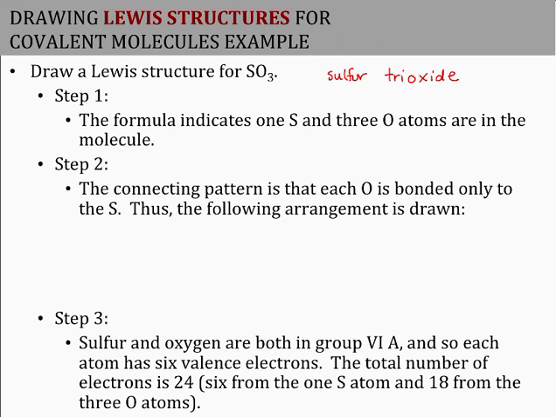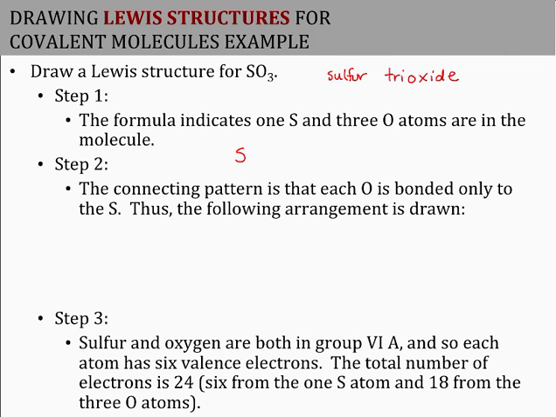So if you have a molecule where the first nonmetal is by itself, we just leave out the prefix. All right, so this is sulfur trioxide. And the formula indicates that we have 1 sulfur and 3 oxygen atoms. So let's go through and figure out which atom should be in the middle.